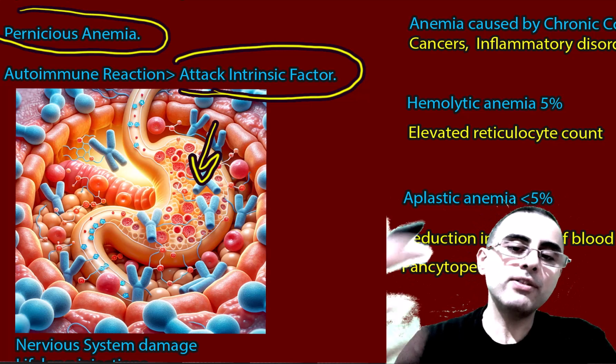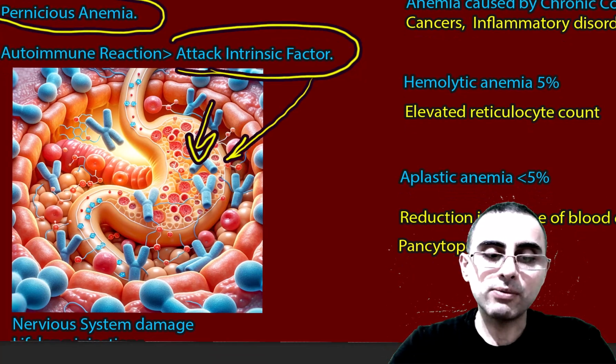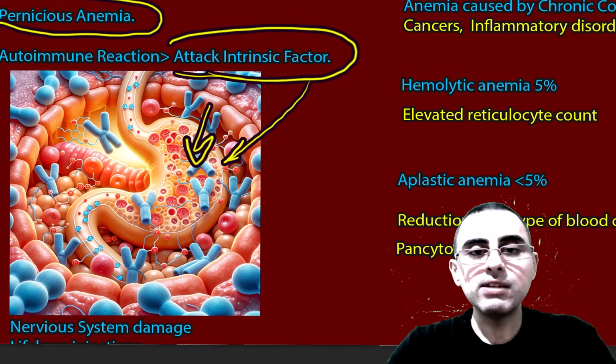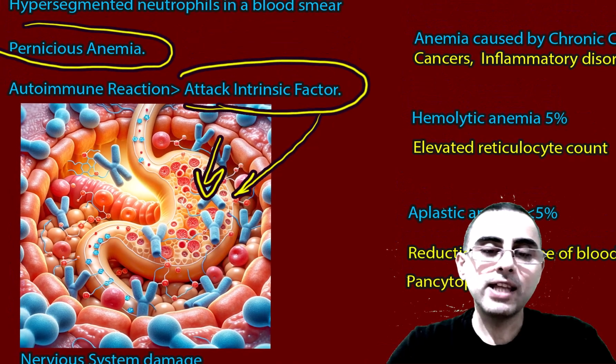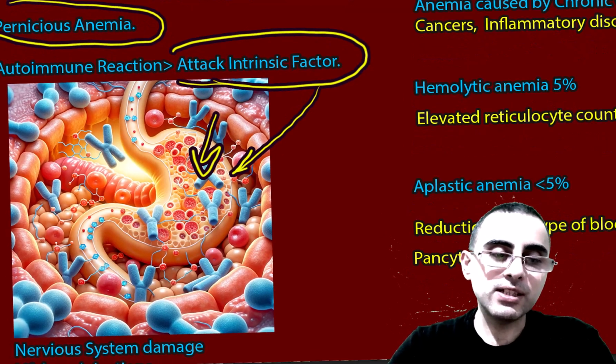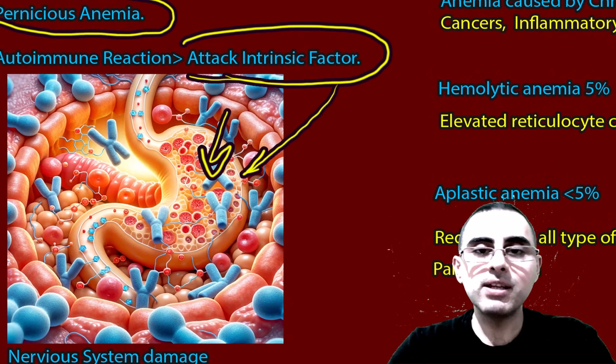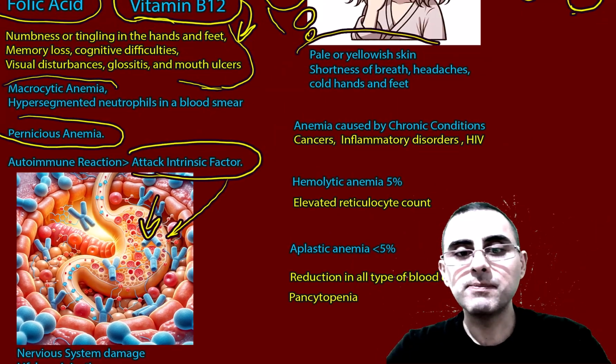So even if a person takes in enough vitamin B12, he or she cannot absorb it because there is no specific protein needed for absorption of this vitamin. That's why treatment in this case is lifelong injections of vitamin B12, for example once a month.